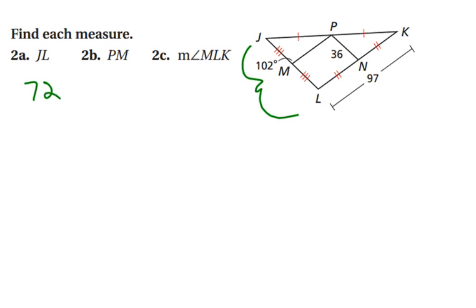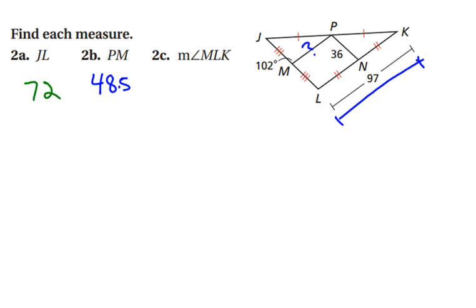If we want to know the measure or the length of PM, so we're trying to find this one, we know that the length of LK is 97, so it has to be half of that. So 48.5.